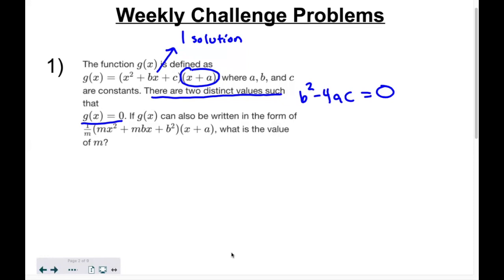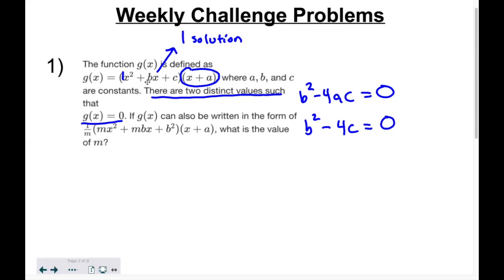So you're just going to get one answer because of that. Now, in this equation, b is b, and c is c, and a is 1. So b squared minus 4c is equal to 0. And then we're just going to put that on hold for a second. All right, so that's what that information tells me.